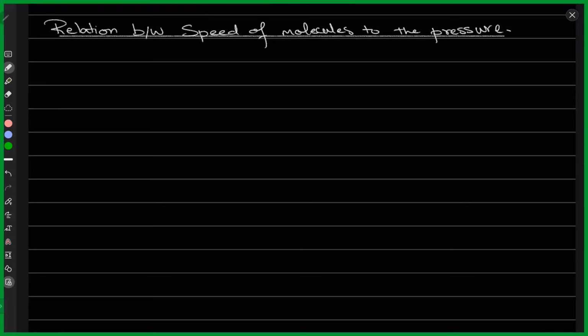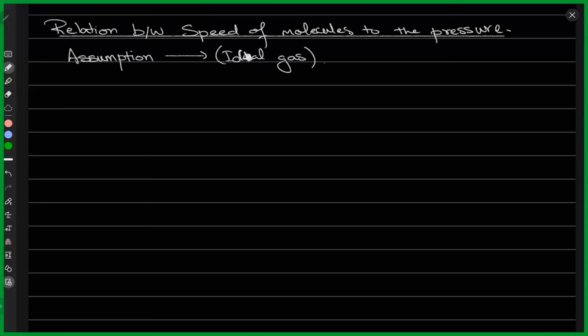Okay, good. So to start this topic, we'll need to make some assumptions, and these assumptions are going to lead towards the case of ideal gas. And so the relationship that we'll derive is only valid for ideal gases.